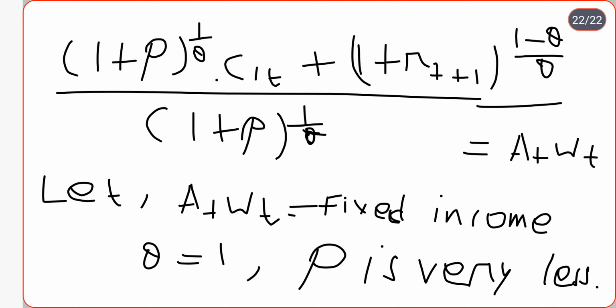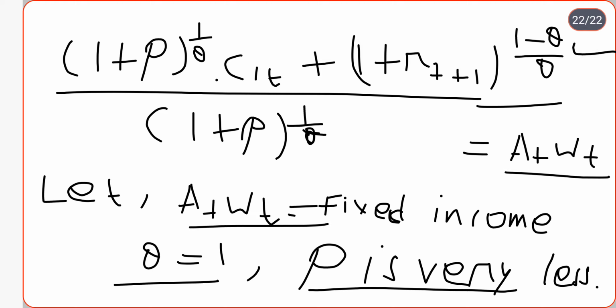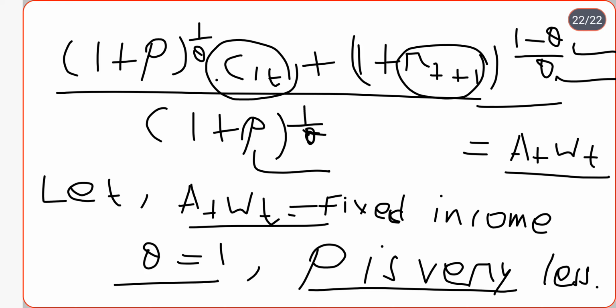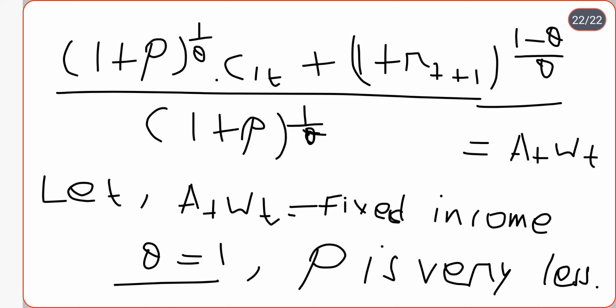How much fraction of income the individual is going to consume in the first period will be determined only by this rt plus 1, because for the other factors, we have considered theta equals to 1, rho is very small, and 80 wt is fixed income. So c1t is only determined by rt plus 1. I think I have made it clear.